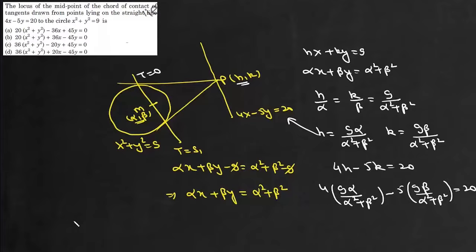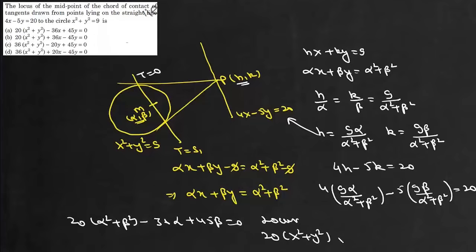So we'll get this equation as 20 alpha square plus beta square minus 36 alpha plus 45 beta equals 0. In the end, we'll replace alpha with x and beta with y. So this required locus will be 20 x square plus y square minus 36x plus 45y equals 0, and that's your option A.